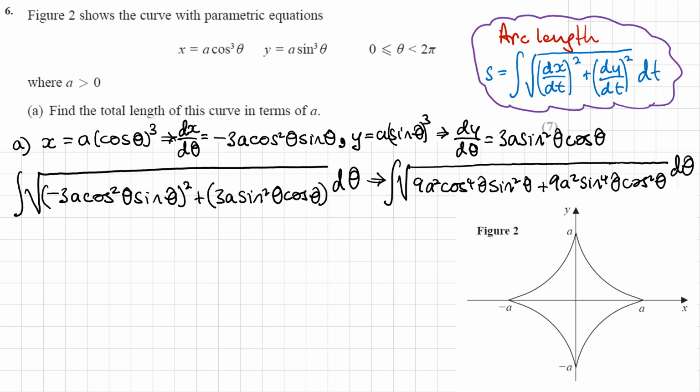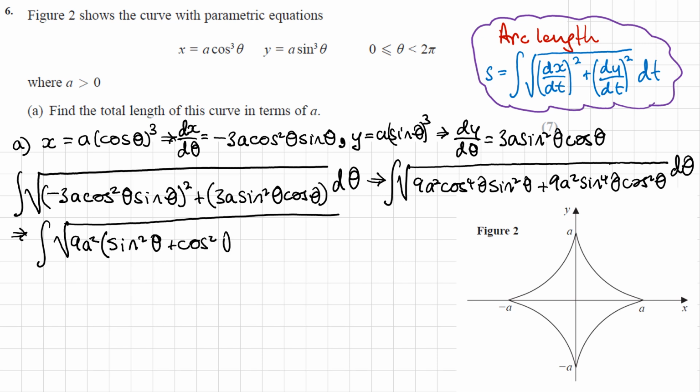Now I'm going to take out the 9a squared as a factor, so 9a squared, and I can also take out a sine squared cos squared as a factor of both of the terms.